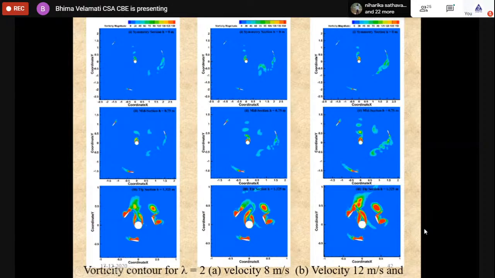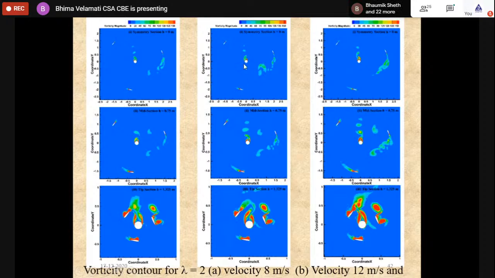You can see the lower half is for the tip, that is the bottommost part, and the top two rows are for the symmetric section and the mid section. They are in two different scales, so do not get confused. When you go very close to the tip, the shaft, which is like a stationary cylinder, will have vortex structures which will interact with the turbine blades.